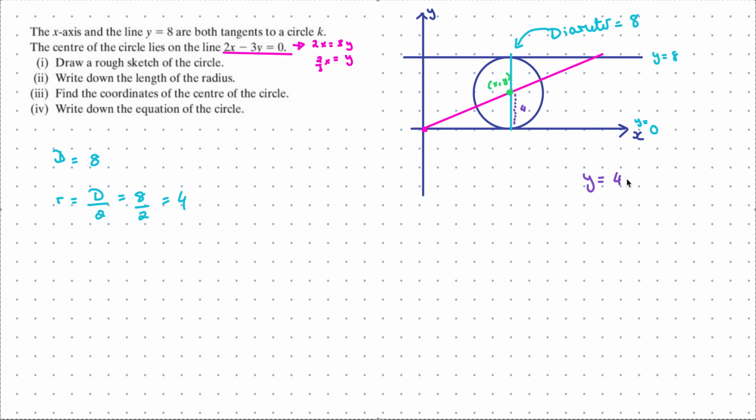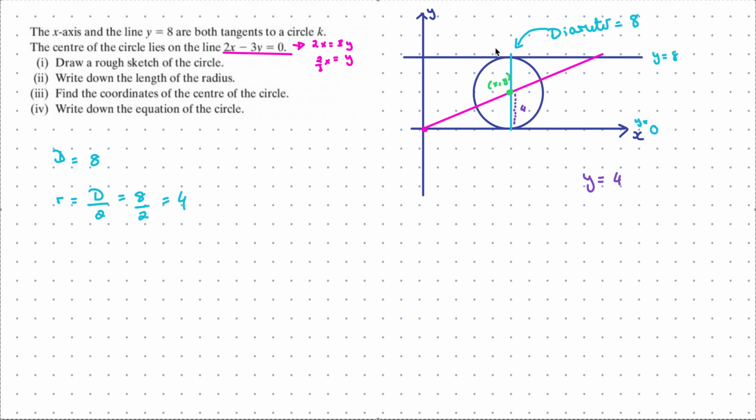Now, I have one part of the coordinates, and I need to think about how do they connect? How is the x related to the y? Is there any sort of connection between the two of them? And yes, there is. Because it lies on the line 2x minus 3y is equal to 0, that's actually telling me if I know the y coordinate, I can find the x coordinate, and vice versa. That tells me that those two coordinates are connected through this equation.